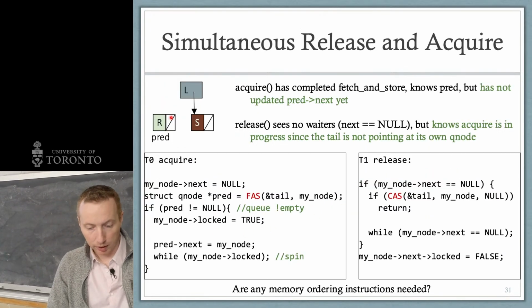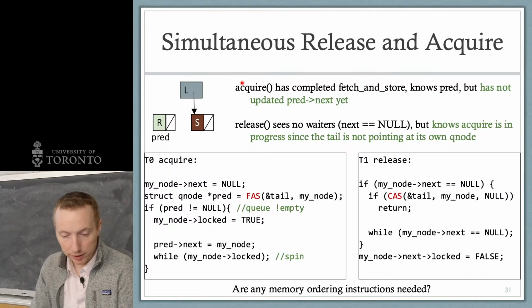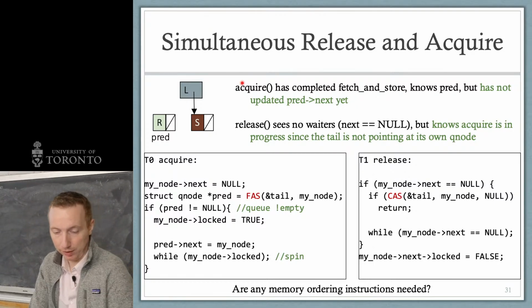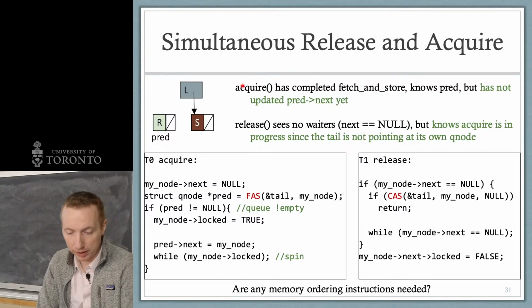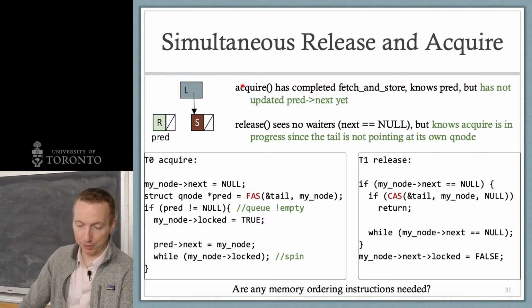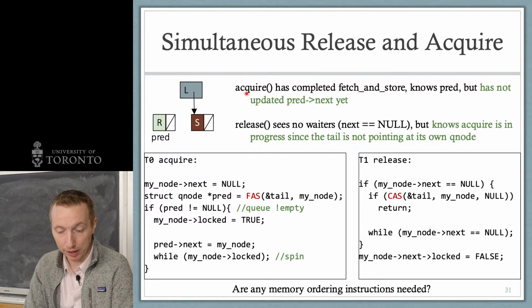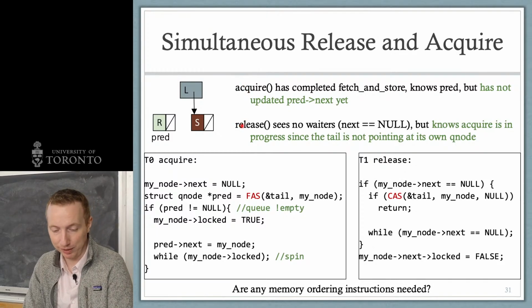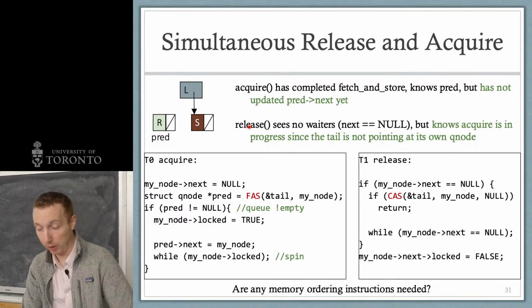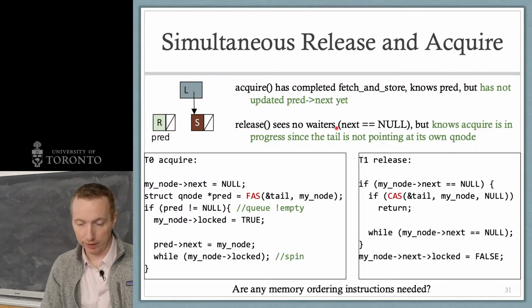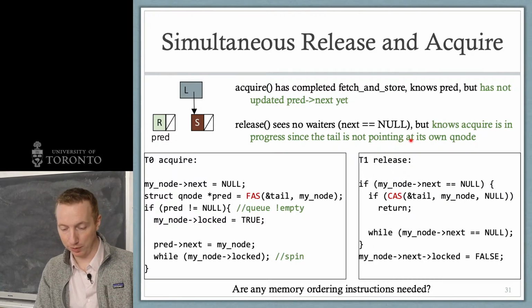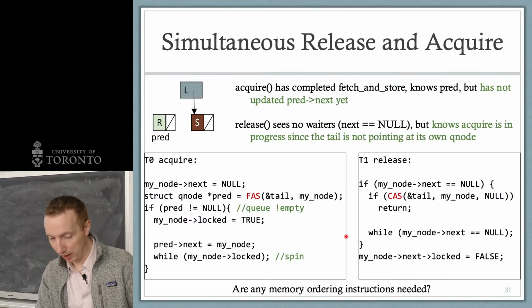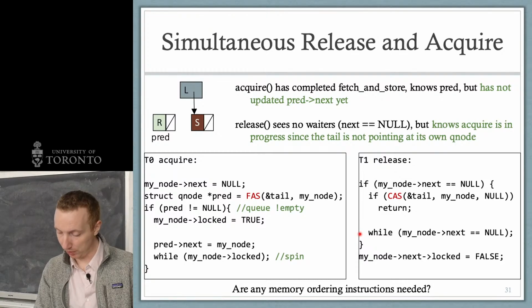So some things here we have to argue about: simultaneously releasing and acquiring. If acquire has completed that fetch and store and knows pred but has not updated it yet, and release sees no waiters and next is equal to null but knows acquire is in progress since the tail is not pointing to its own node, well, are any memory ordering instructions needed?